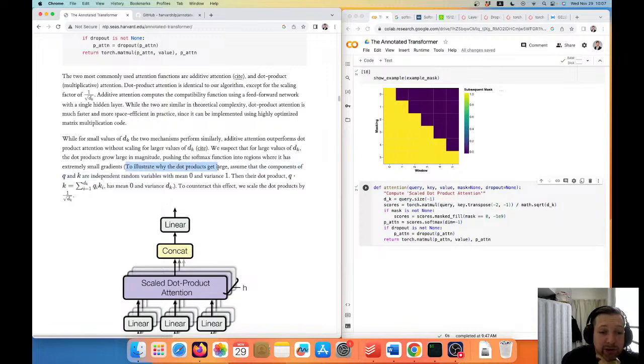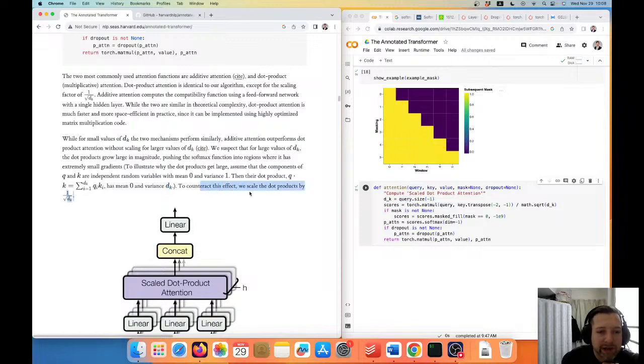So to illustrate why the dot products get large, assume the components of Q and K are independent random variables with mean 0 and variance 1. Then the dot product, Q times K, the sum of these components, has mean 0 and variance d sub k. So the variance of this result is just the dimension d sub k, and so you can scale this back down.